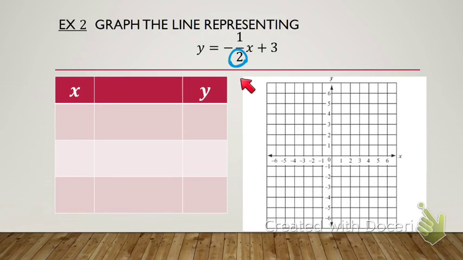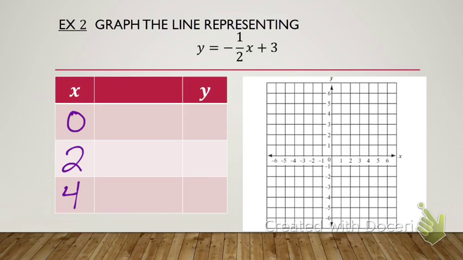If there's a denominator, strategically try numbers that will get rid of it. You've got to find numbers that are multiples of that number. Whenever we say evens, all even numbers are divisible by 2. So let's try to plug in some even numbers, like 0, 2, 4.